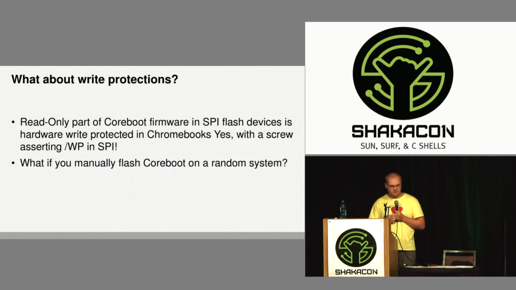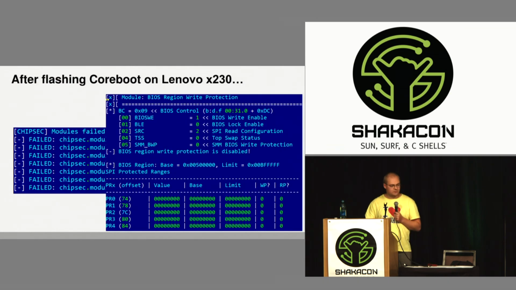But what if we just run Coreboot on a random system? What if we run Coreboot on any random system, like one we just built, for example, for the Lenovo X230? We can build Coreboot and flash it to this laptop and run it.